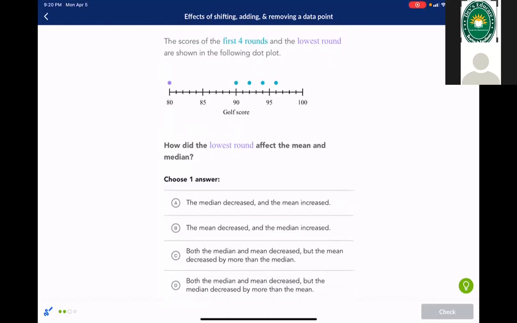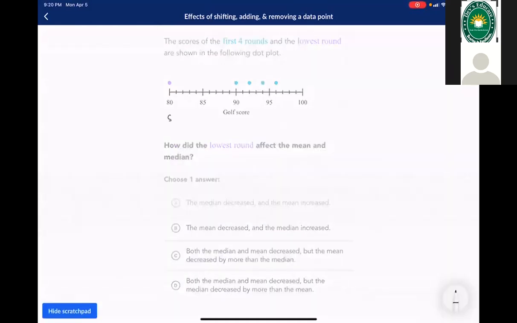Can you show me the scores of the first 4 rounds and the lowest? Okay, yeah, so it's 80, 90, 92, 94, 96. Oh, so if this is added, right? So if it's just this, then the average is higher, increasing, yeah.